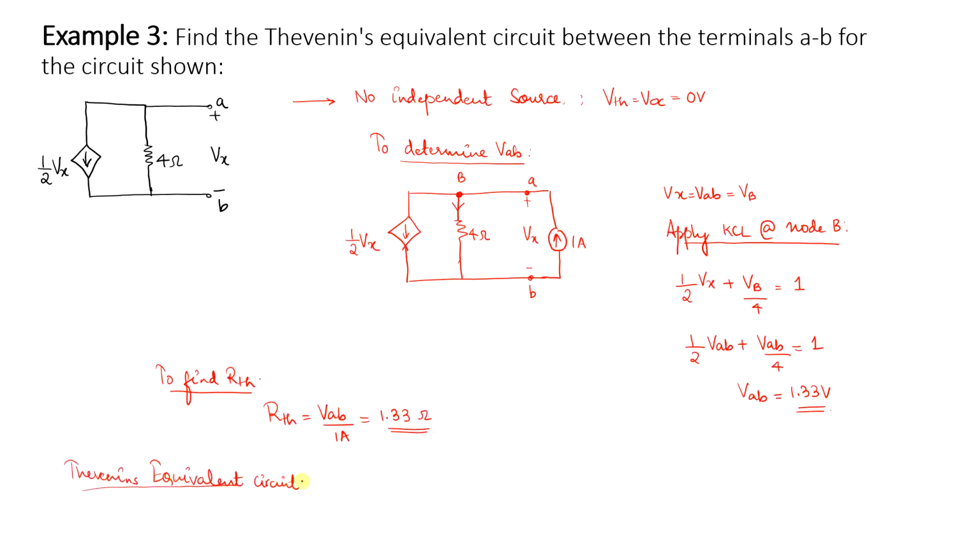So when you draw the Thevenin equivalent circuit, in this case V Thevenin is 0. Generally we represent this as what? A series combination of Thevenin voltage and Thevenin resistance, right? So in this, Thevenin voltage is 0, so you are left with only the resistance, that is R Thevenin equal to 1.33 ohms.